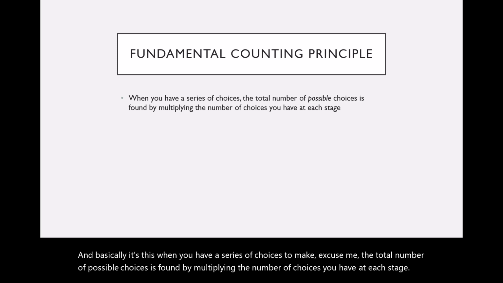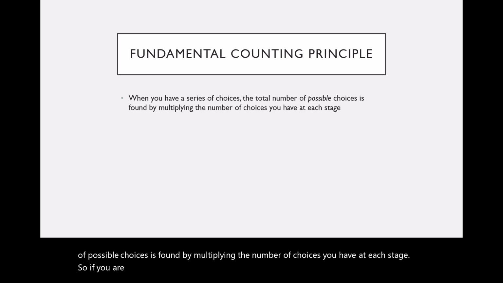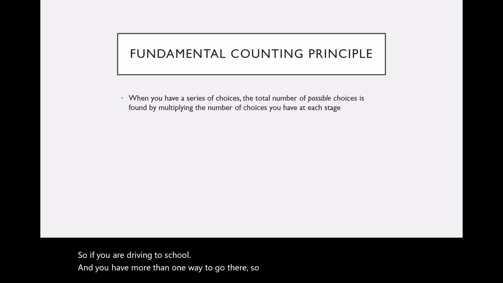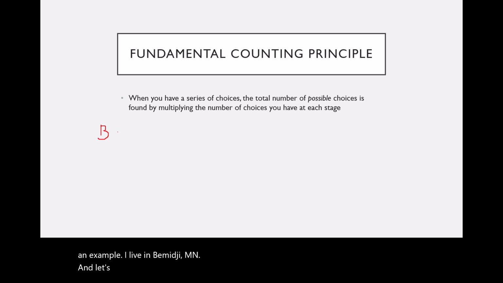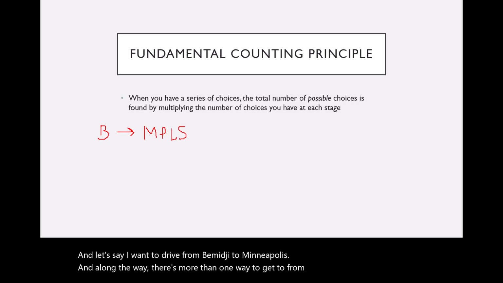So if you are driving to school and you have more than one way to go there. Let's use me as an example. I live in Bemidji, Minnesota. And let's say I want to drive from Bemidji to Minneapolis. And along the way, there's more than one way to get there.